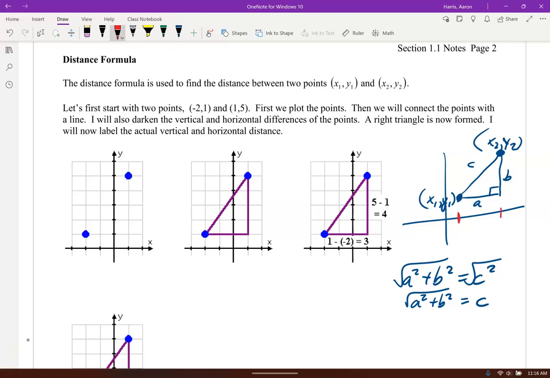I'm just developing this to show you where it comes from. This length a is x2 minus x1, here's x2 and here's x1. That's the distance a. And for b, this is y1 up here to y2, so it's y2 minus y1 is distance b.